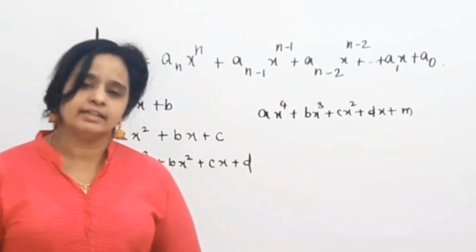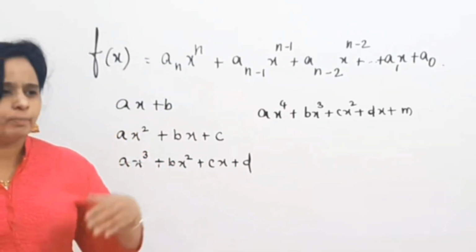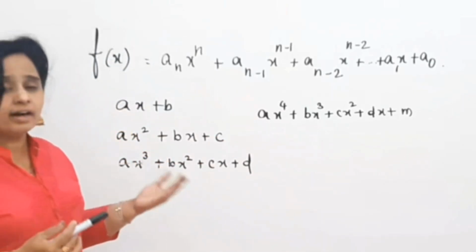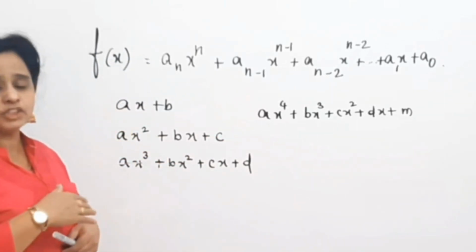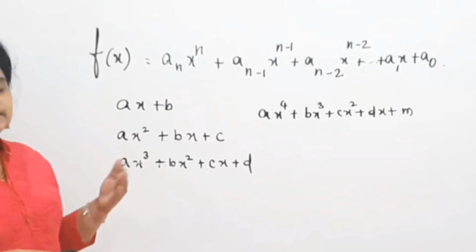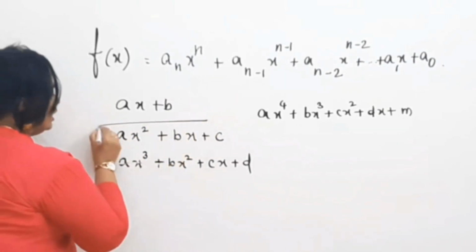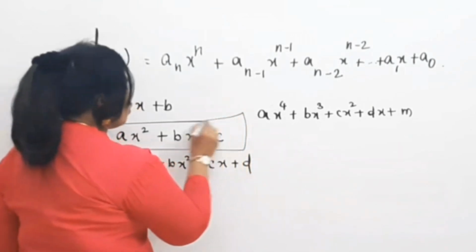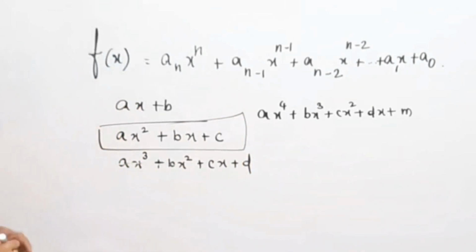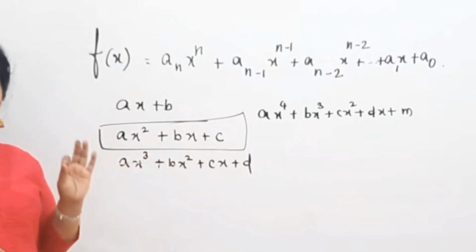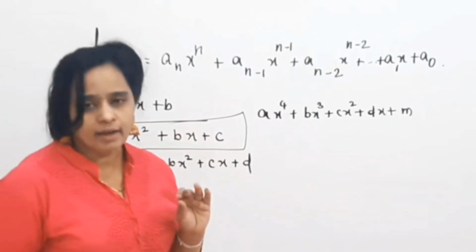Then we say that it is a biquadratic polynomial, then power 5 polynomial, power 6 polynomial, etcetera. Based on the power, we have different polynomials. Now our concentration in this chapter is mostly on the quadratic polynomial. So ax square plus bx plus c is the general form of the quadratic polynomial.